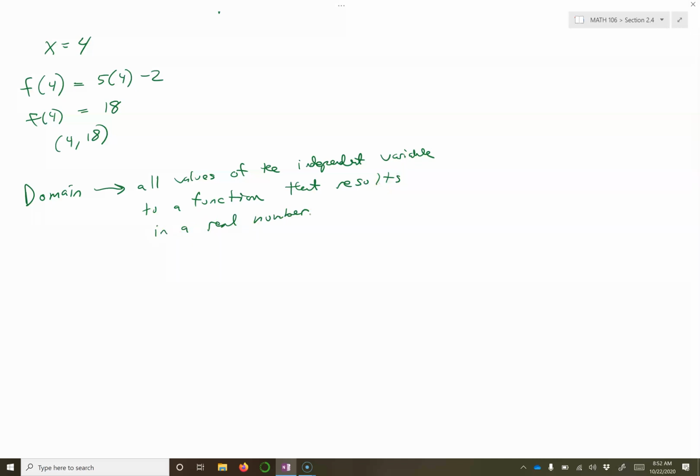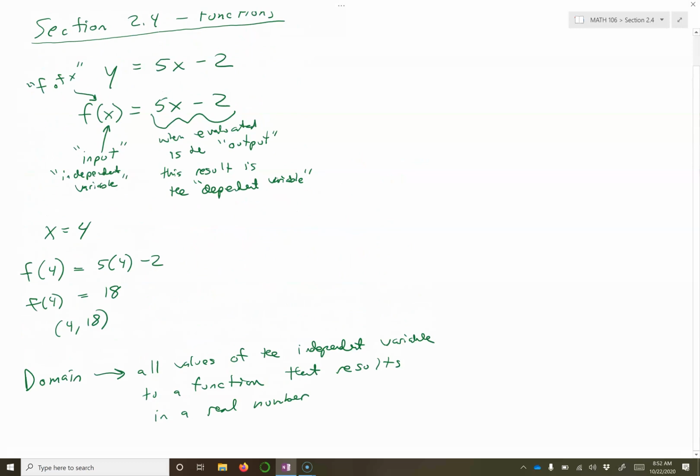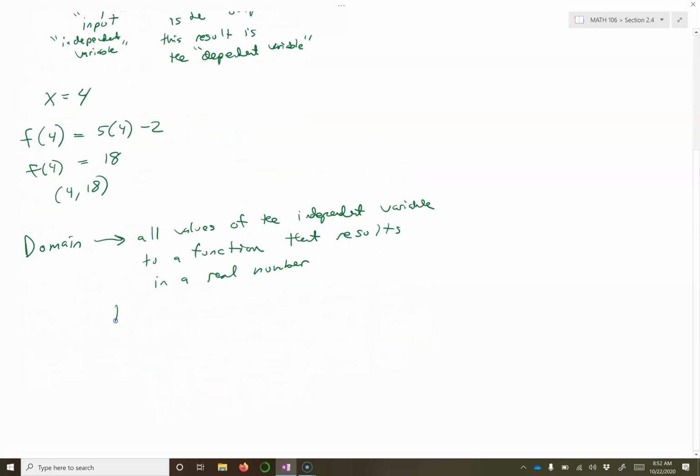Okay? So all values of the independent variable, so this is x, that when plugged into that function give you a real number. So the domain here in our example, so I'll put this here for the example above.